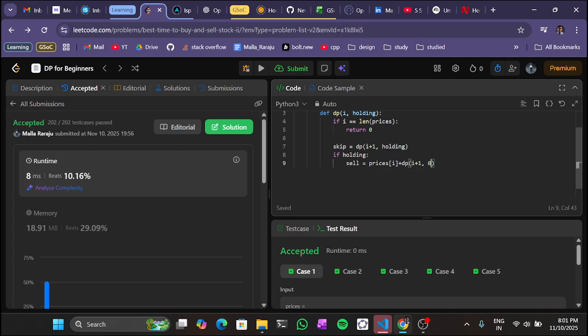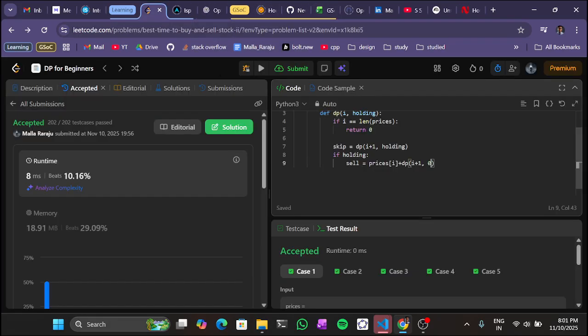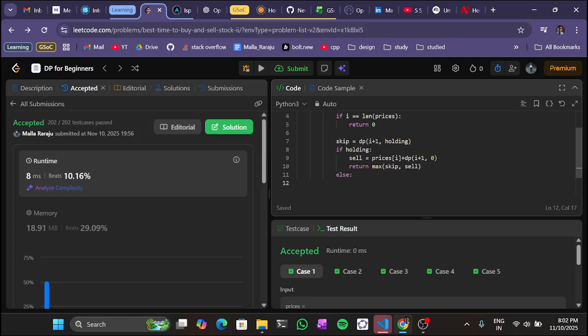That means 0. I guess we don't need I plus 1. Okay, which will be the maximum, skipping or selling, which will profit us most, or else we'll buy.